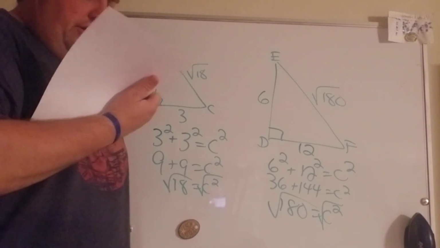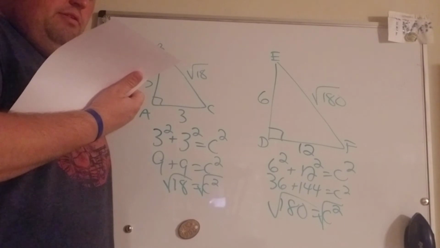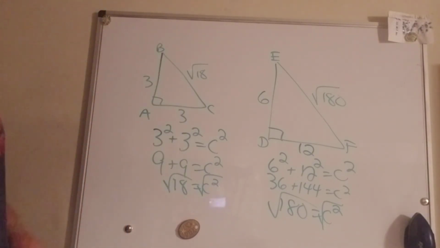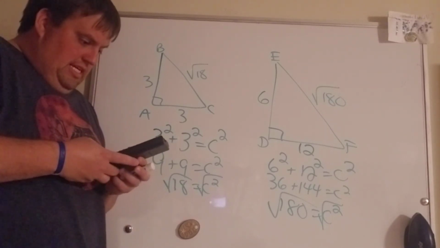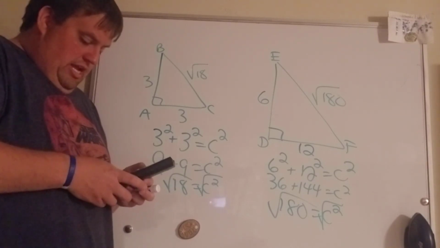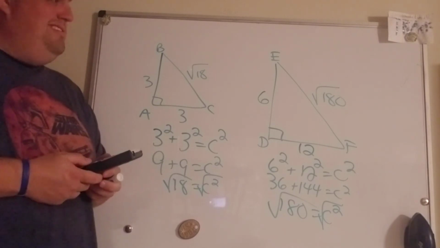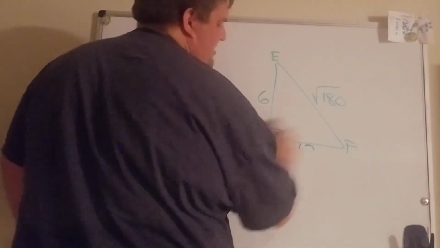Interesting. So it turns out the square root of 18 is about 4.24, and the square root of 180 is about 13.416. So it's about 3 times bigger. Not bad. Some Pythagorean theorem stuff that we have just got done doing.